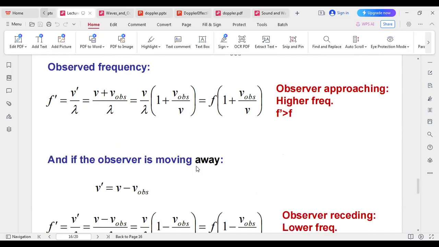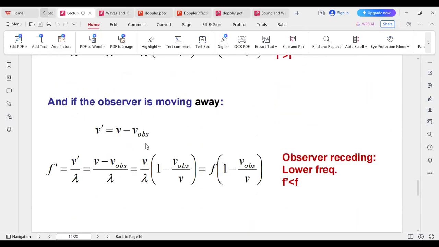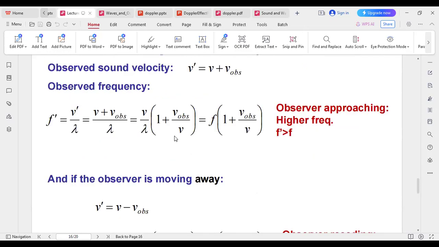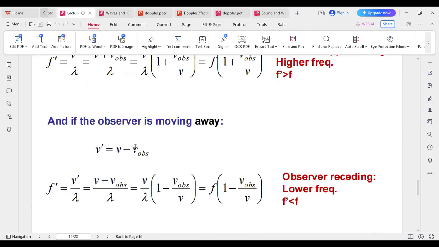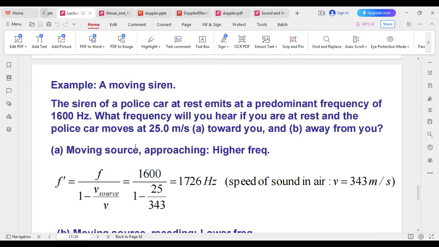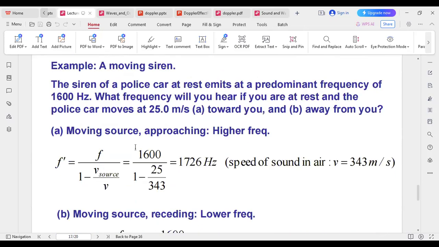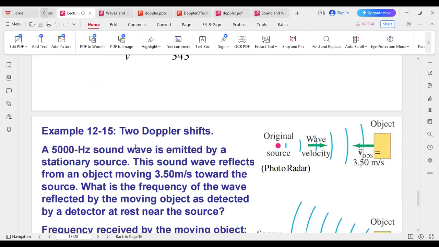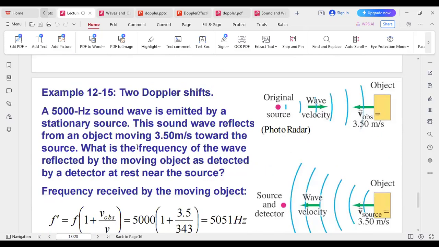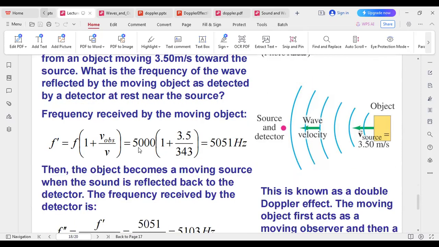And if the observer is moving away, just minus. Here plus and here minus. This is an example for you.